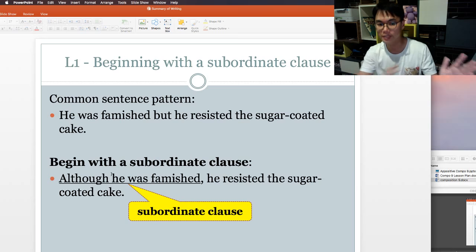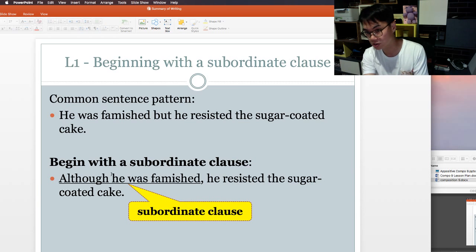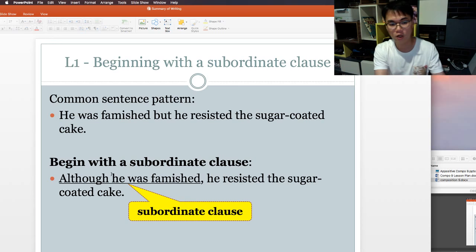So we use connectors, we create a subordinate clause, and we use the subordinate clause to begin the sentence instead of beginning the sentence with a subject, like he resisted the sugar-coated cake although he was famished. So to make it more interesting, I move the subordinate clause to the front.